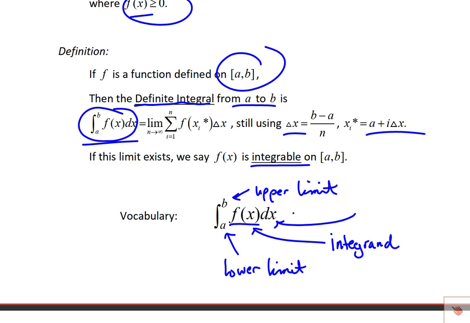But in this case, for now, we're simply going to use that as part of this package deal notation. It goes with the integral. I want you to notice that it's dx, and that variable matches the independent variable of the function, which means we can just call that the variable of integration. That variable will match the independent variable in the function.